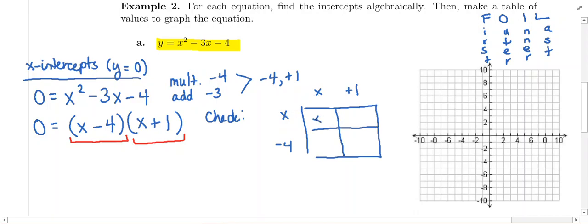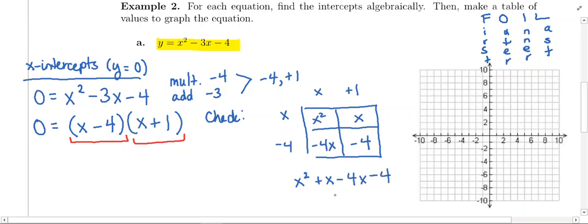So x times x is x squared, and x times 1 is x, -4 times x is -4x, and -4 times +1 is -4. If you multiply these two factors out, the result is what's in these boxes: x squared plus x minus 4x minus 4.